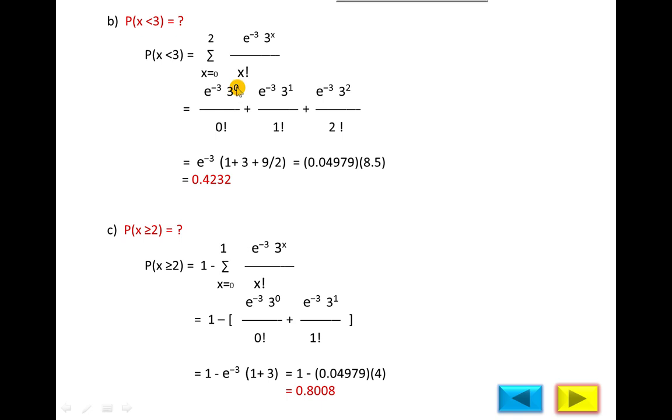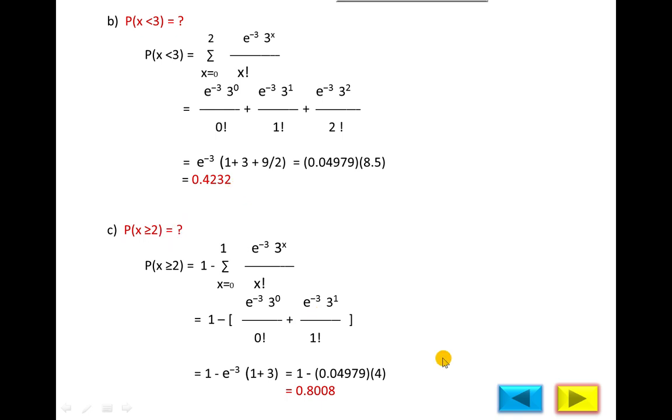So 3 power 0 over 0 factorial is 1, 3 power 1 over 1 factorial is 3, and 3 power 2 is 9 over 2. Simplify this and you will obtain 0.4232. So the probability that less than 3 accidents will occur is 0.4232.